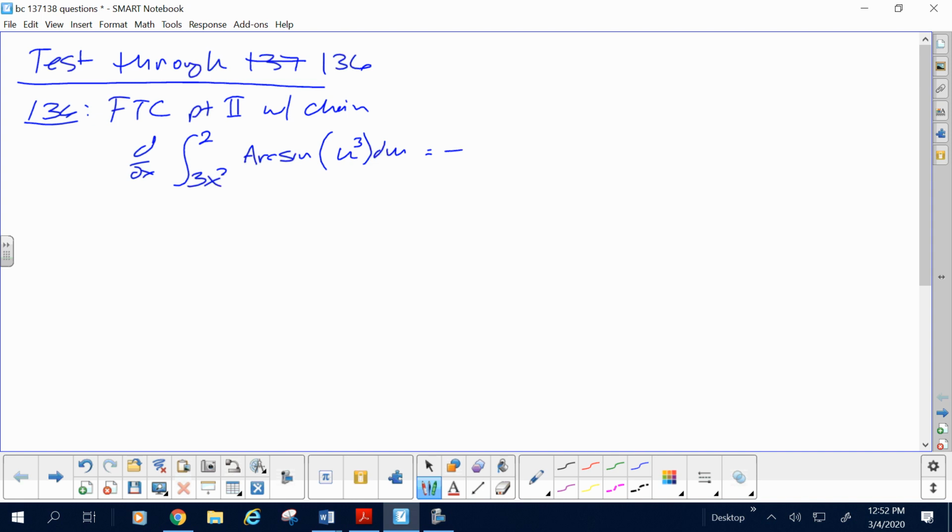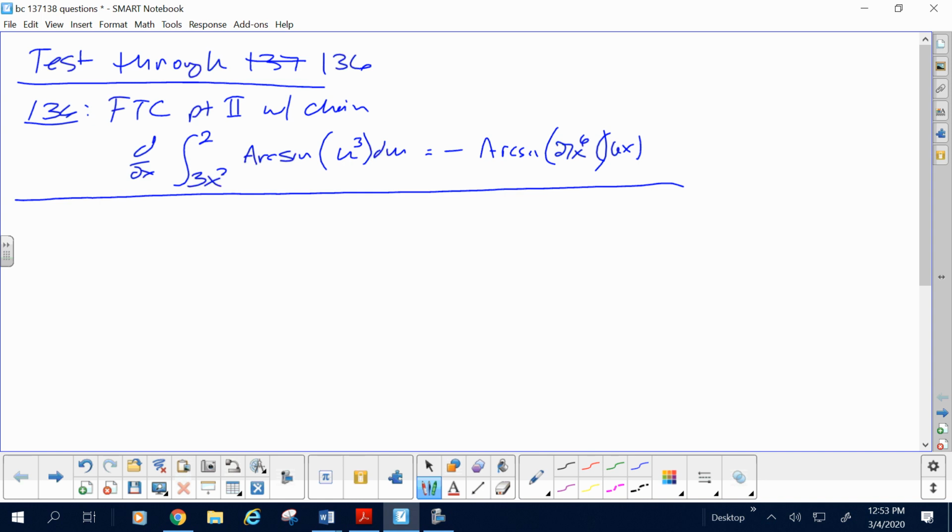I like that. What else? Arc sine of 27x to the 6 times 6x per chain rule, yeah? Now, if you don't know where people are getting that, then you best review that or someone can get help. Or you can just shrug your shoulders and say, I don't get it, oh well.